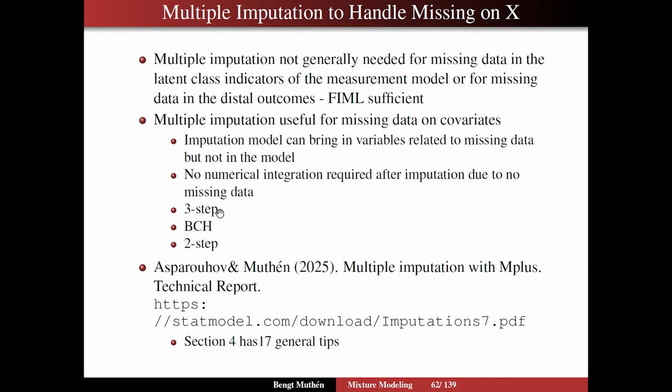And we have all three methods available to us. Here's a good paper, a technical report, Multiple Imputation in Mplus, with some practical advice for avoiding problems in the imputation. 17 general tips from our experience with difficulties for certain situations.